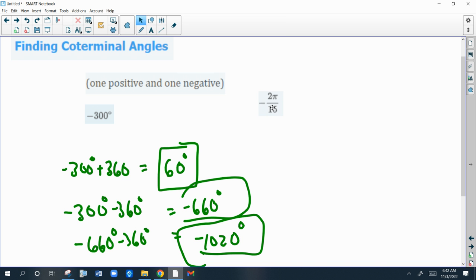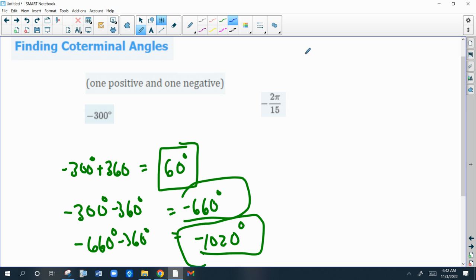Radian measures are also easy. You just have to do a little bit of fractional work. Some people like to convert this to degrees and then do it and convert back to radians. I think that's a waste because it's not hard to deal with these fractions. If coterminal angles differ by 360 degrees, we know that 360 degrees is 2 pi radians.